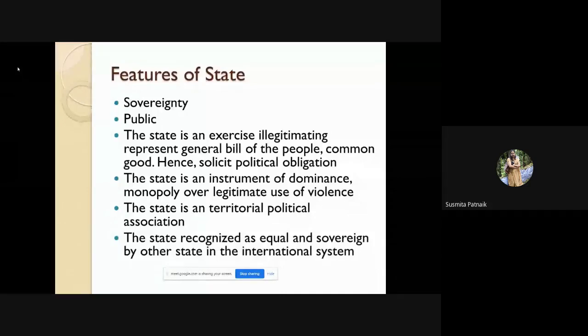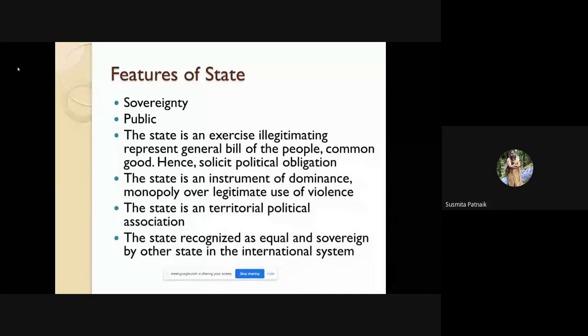The first is sovereignty. If the state is an independent entity, it should possess sovereignty. In yesterday's class, I told you that every state has four elements: population, territory, government, and sovereignty. Sovereignty means the supreme authority.